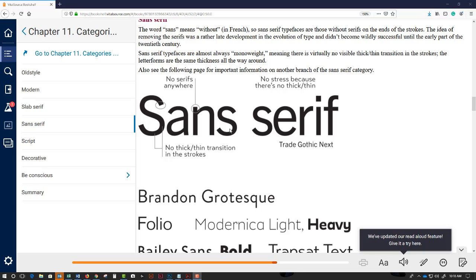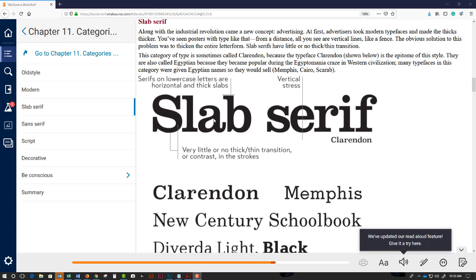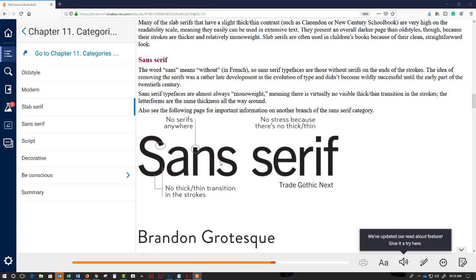And you have sans serifs, which have no serifs and also have no or very little thick to thin transition. Now, in your type rules book, it talks about humanistic sans serifs, which do have thick to thin transition in them. So they have a little bit of a combination of the thick to thin in them.